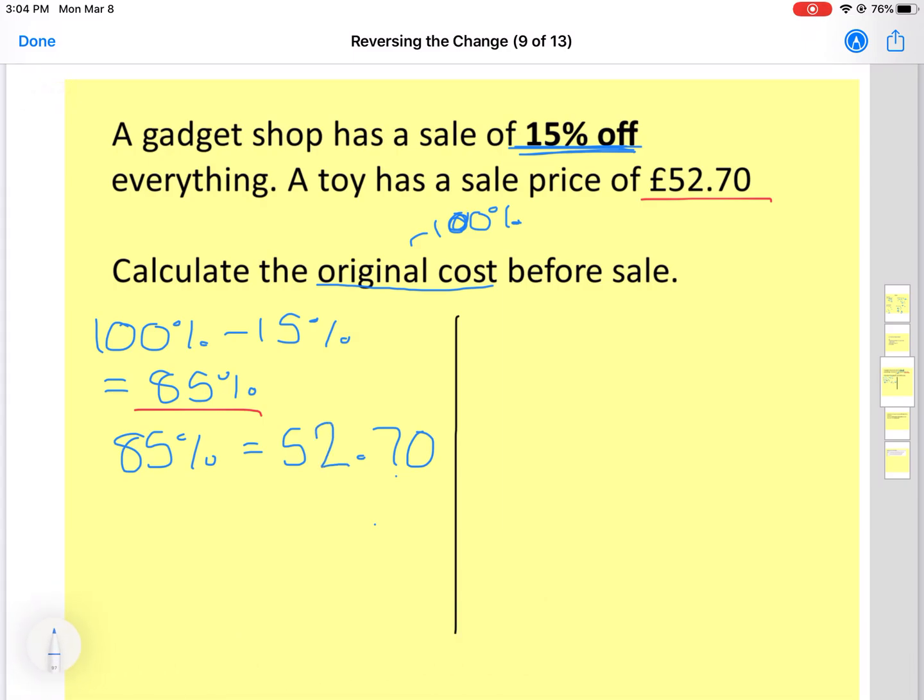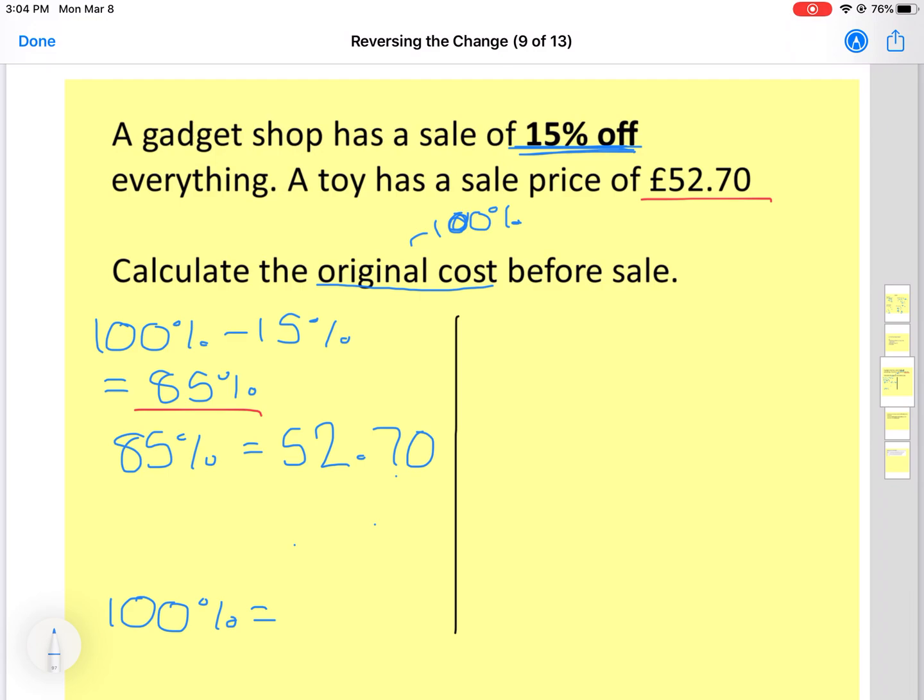So 85% of an original, which is the original take off the 15, is equal to what I have in the question. From here, I know that 85% is equal to £52.70. I want to work out what 100% is equal to, because remember that's what we said the original cost was going to equate to, was 100%.